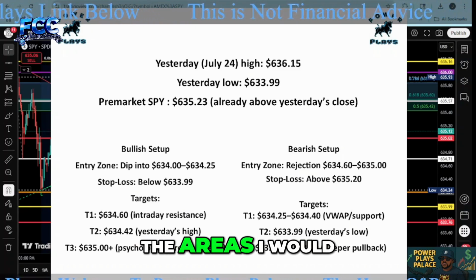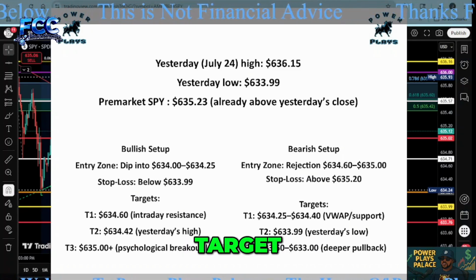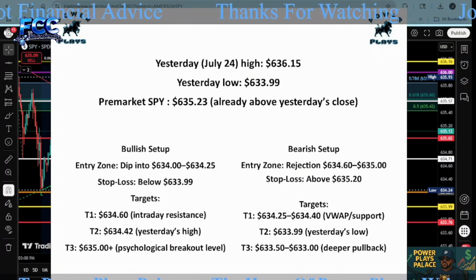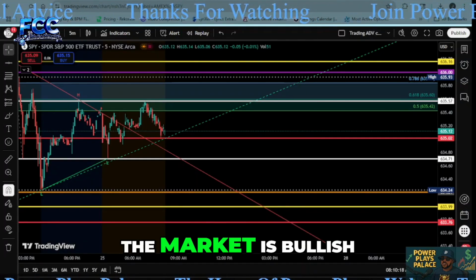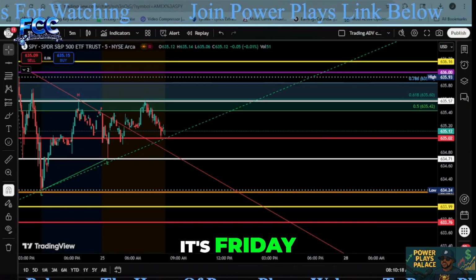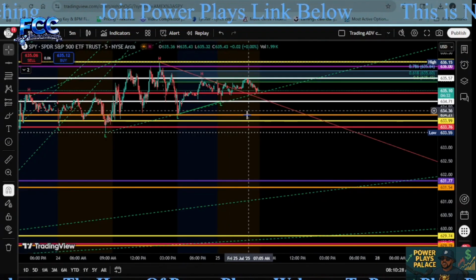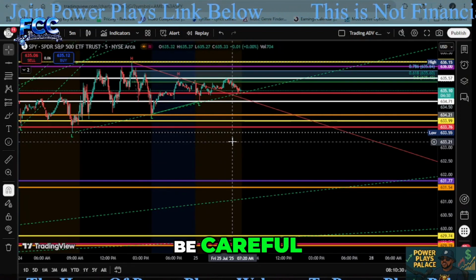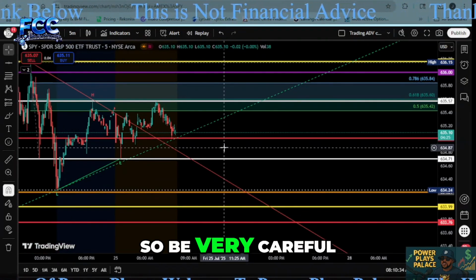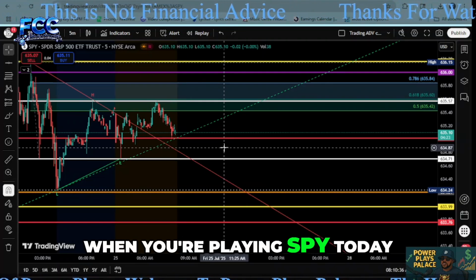Those would be the areas I would target. Now, as we can see, just looking at the market overall, the market is bullish. It's been bullish all week. It's still bullish. It's Friday. Be careful. SPY does some crazy things on Friday sometimes. So be very careful when you're playing SPY today.